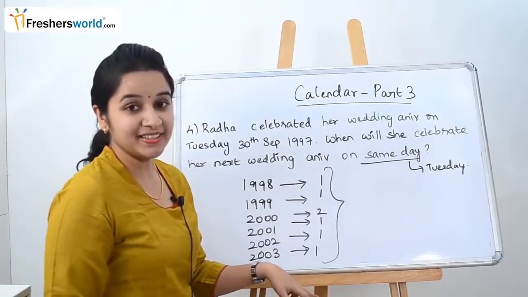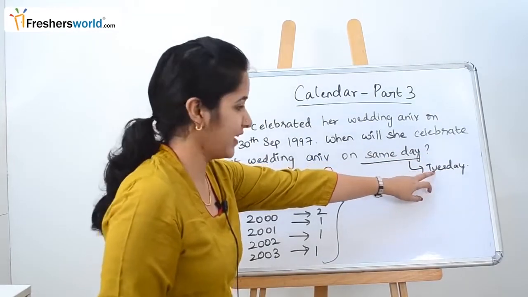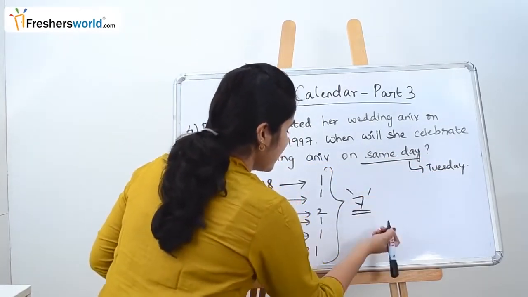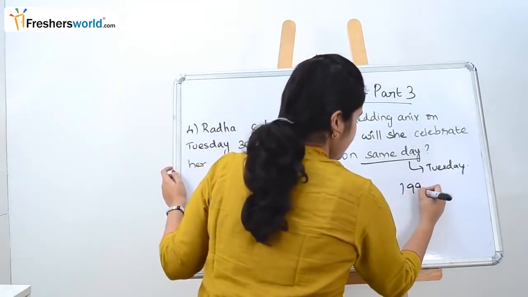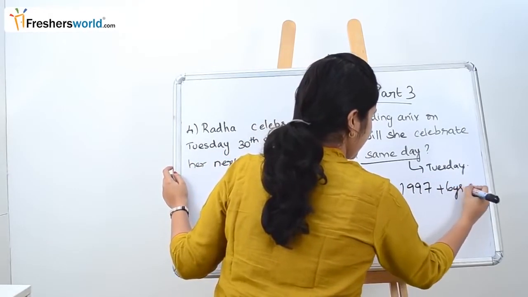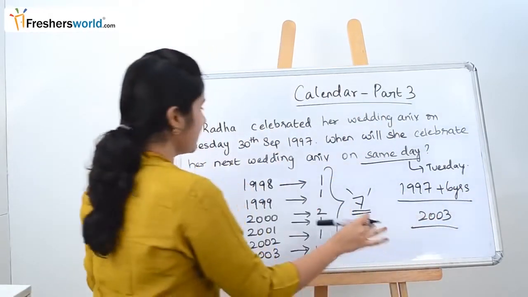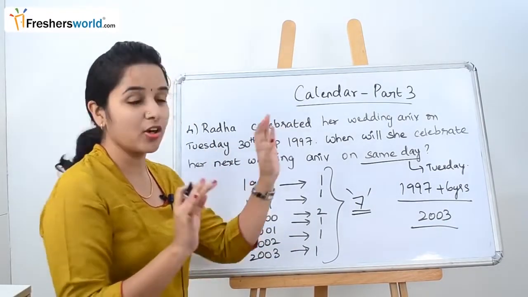If you add these, the total is 7, and the same day is repeated after every 7 odd days. This 7 comes after 6 years, so 1997 plus 6 years is 2003. So on 30th September 2003, Radha is going to celebrate her anniversary again on a Tuesday.